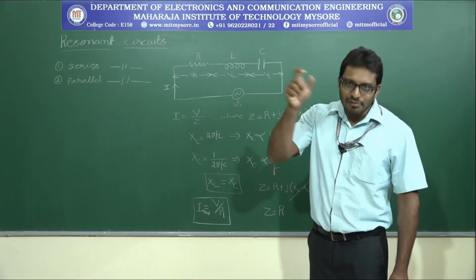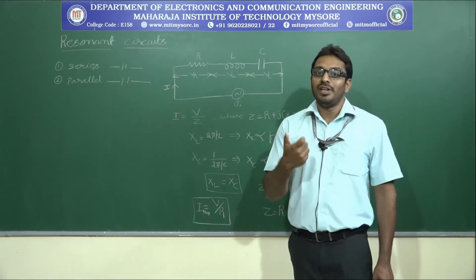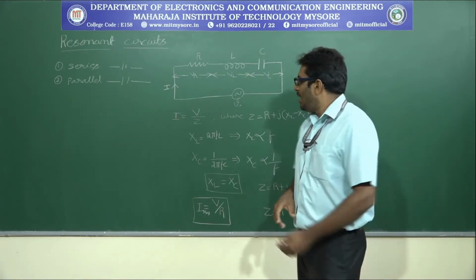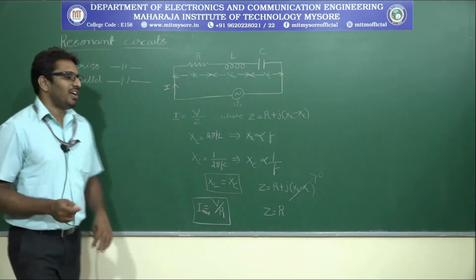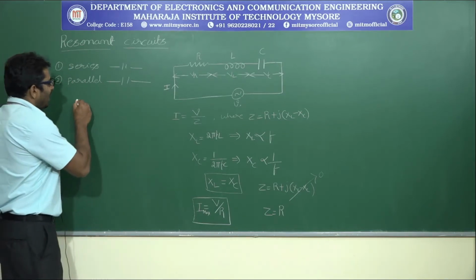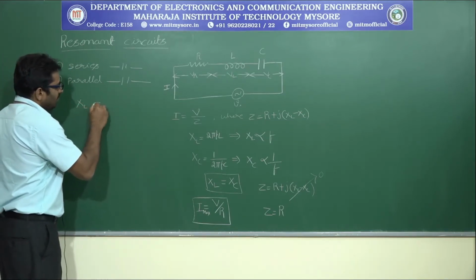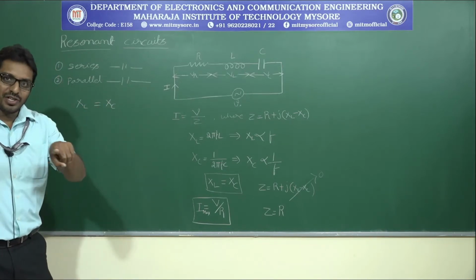The frequency at which resonance occurs is known as resonant frequency. Let me obtain the expression for resonant frequency. What is the condition for resonance? XL is equal to XC. This is at resonance, right?